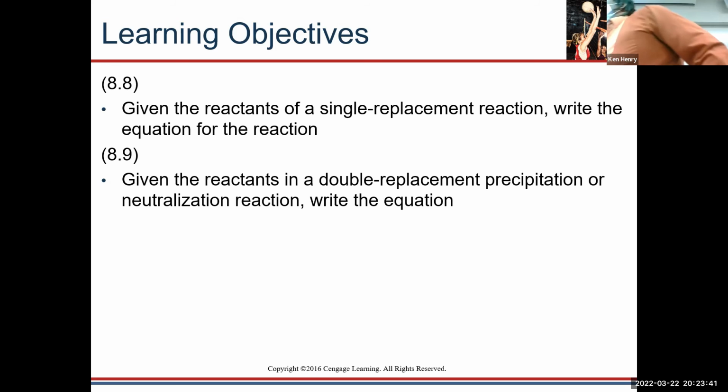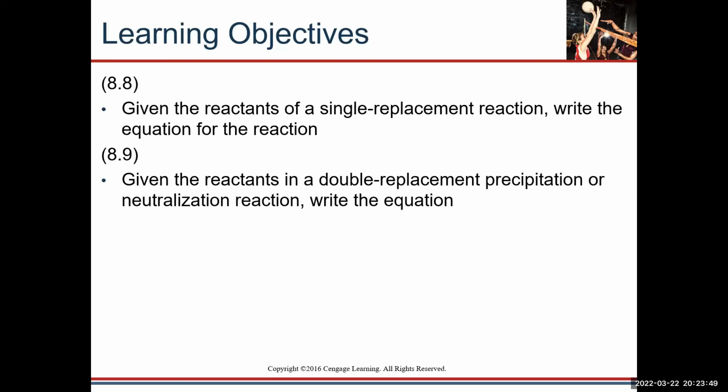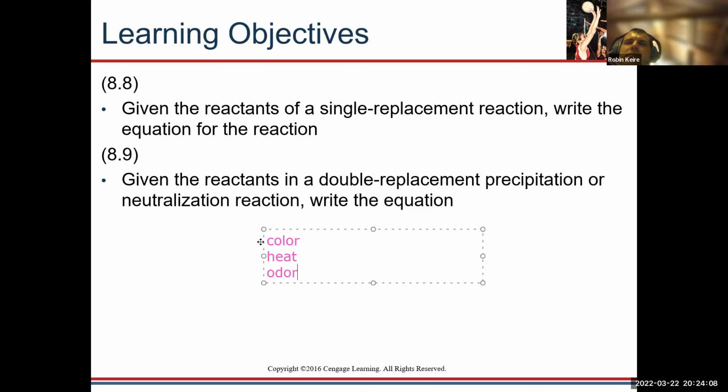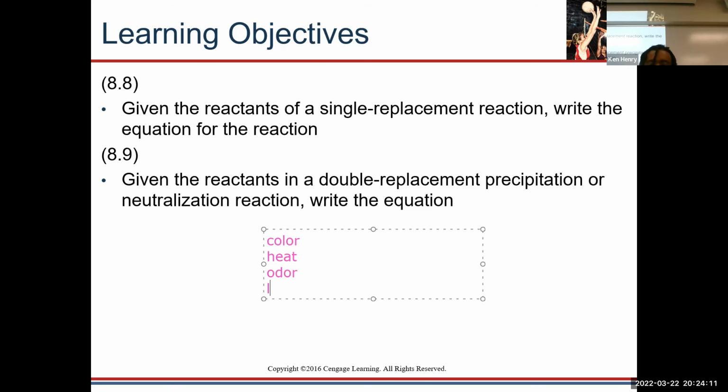Good. Okay, so last week we were talking about reactions, right? So how do I know a chemical reaction has occurred? A color change. A color change, okay? Odor, fizzing? Okay, so we have color change, temperature, heat, okay? Odor, sound and light. Light, that's a new one. Sound, yeah, that's possible. Okay, what else?